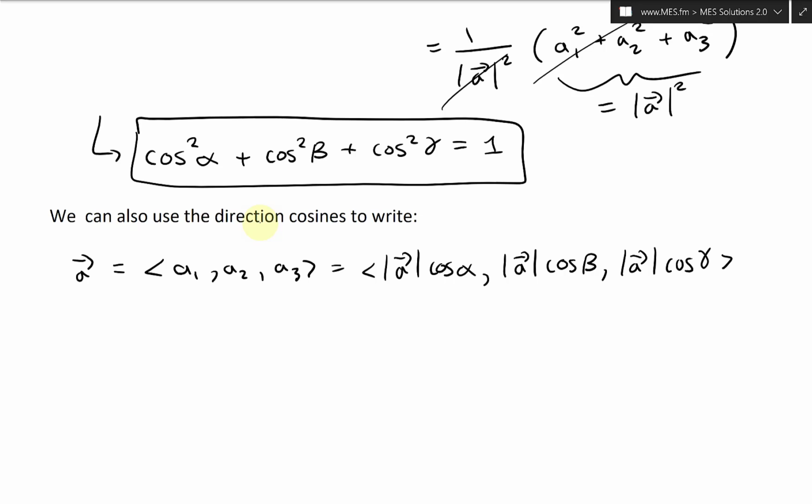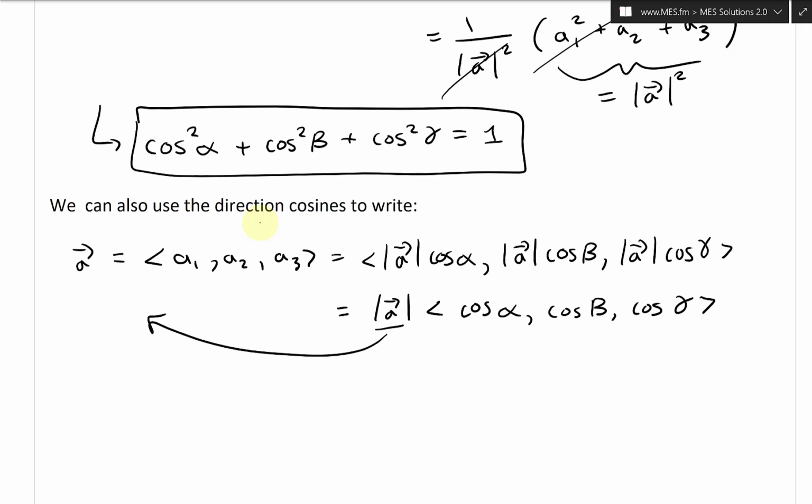Now let's factor out the length a, with cosine alpha, cosine beta, cosine gamma. It's quite fascinating. Now just move it all the way to the other side.